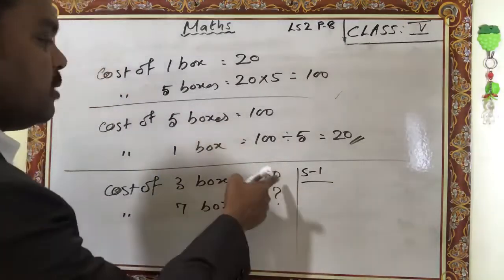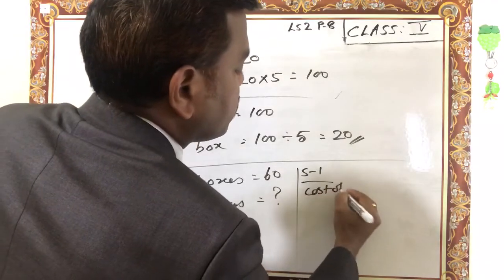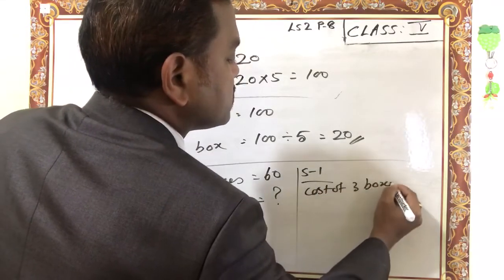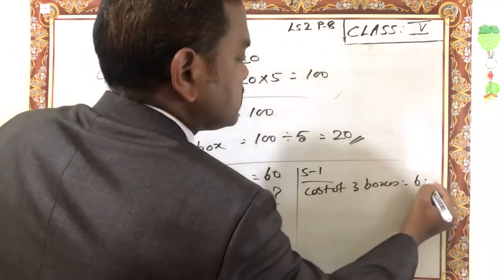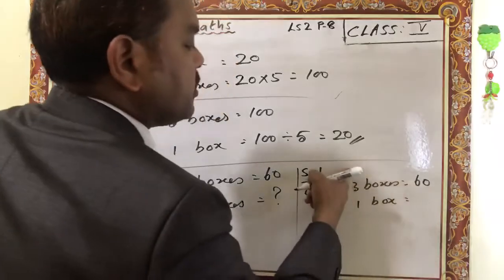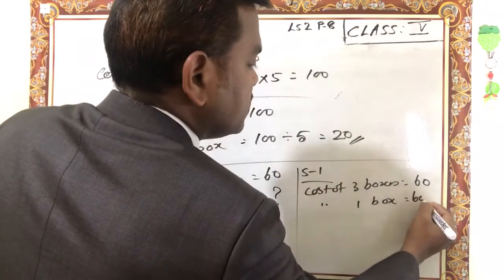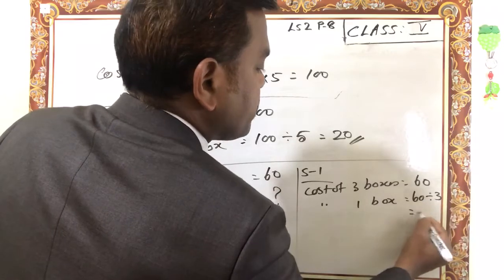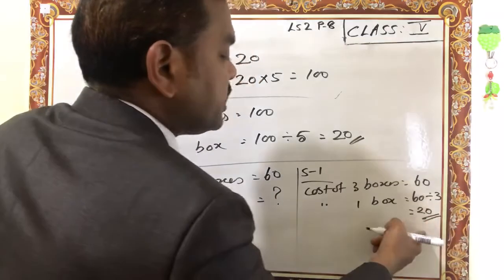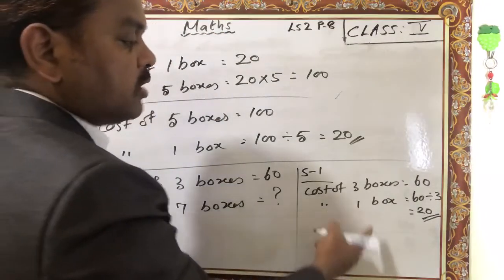Cost of 3 boxes is equal to 60. For the cost of one box, more is given and only one is the question, so you have to divide. 60 divided by 3 is 20. So 20 is the cost of one box.